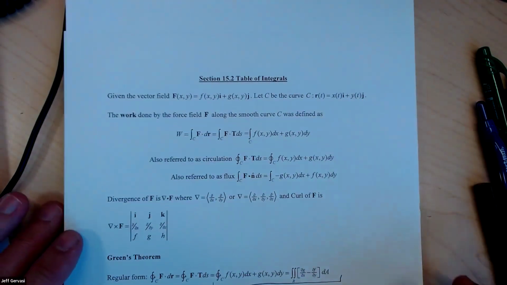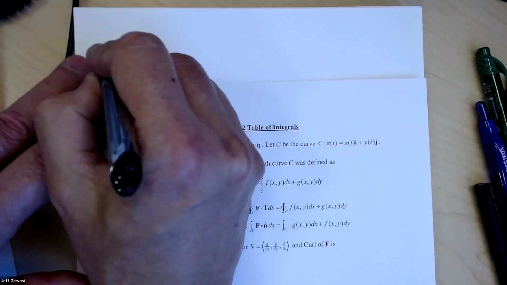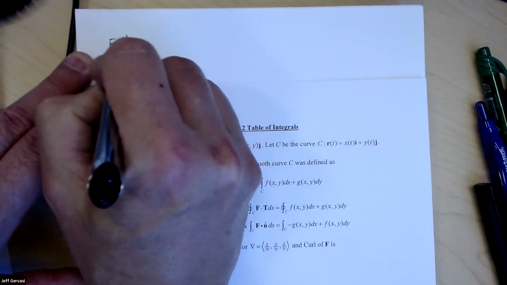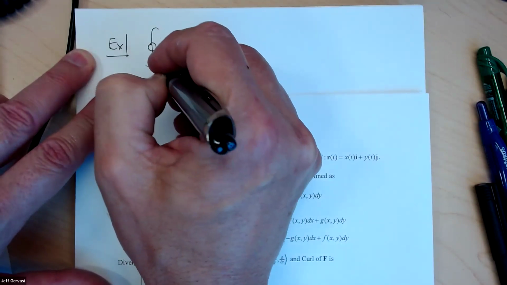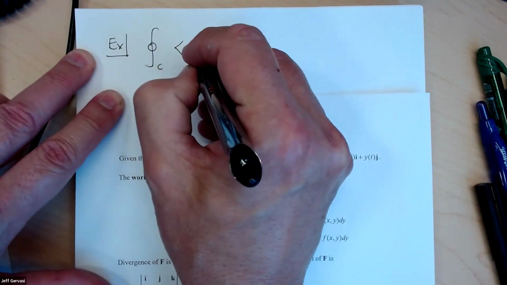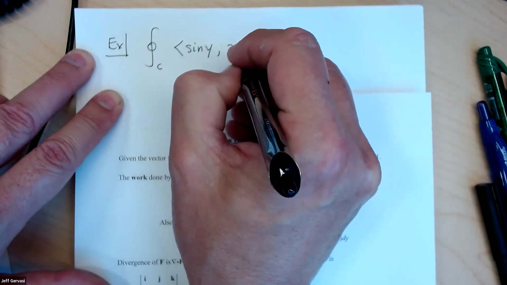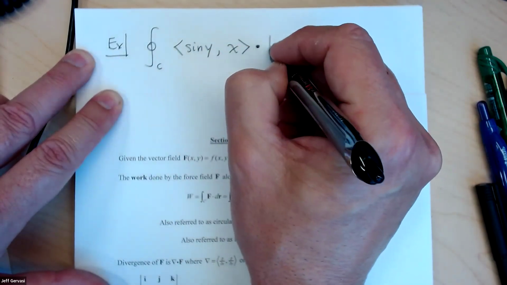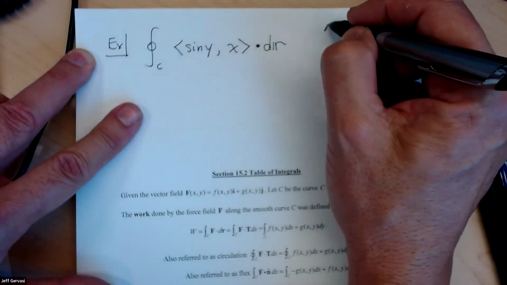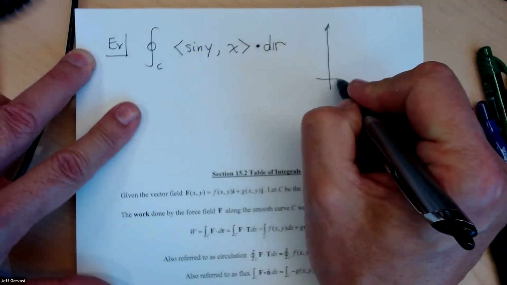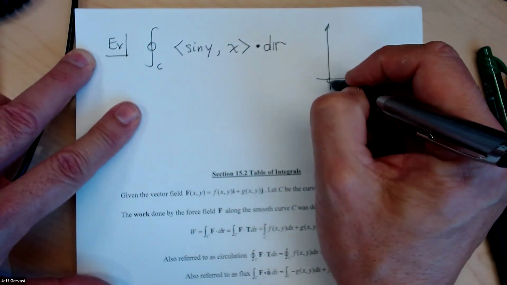Let's suppose we want to evaluate the line integral. Okay? And let's say that the curve C is the triangle shown.